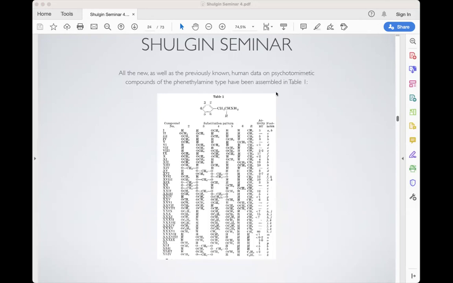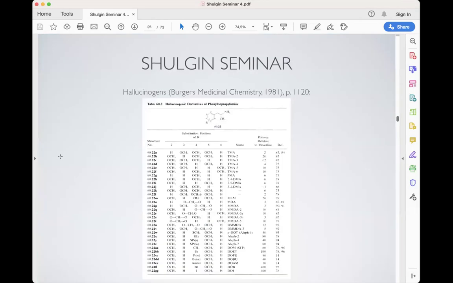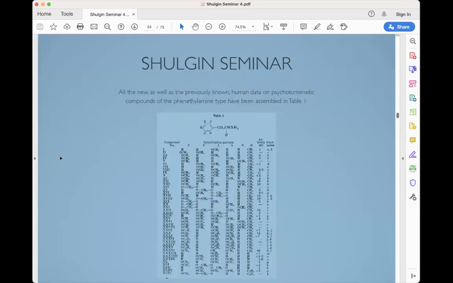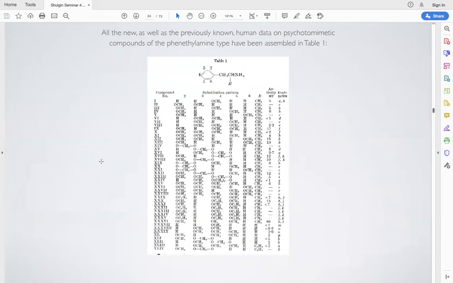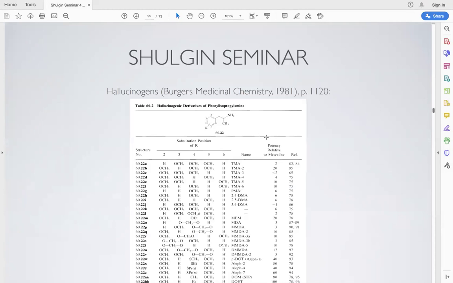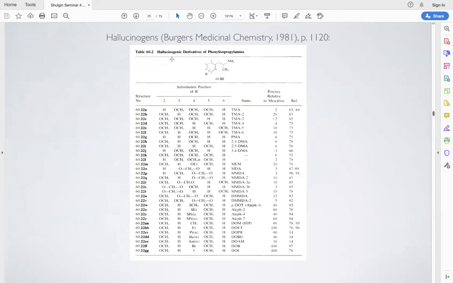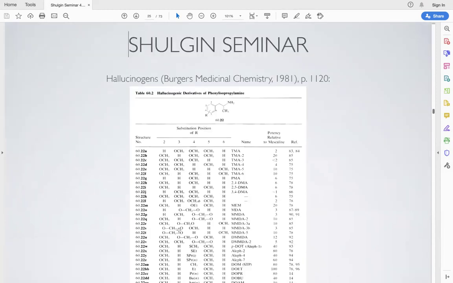Yeah, maybe I can share it with you. Oh, I have included it here. All right. So it's also in the presentation. So the same list of substances is given in 81 in the paper on hallucinogens from Burger's Medicinal Chemistry, and you can see the same table as in the 69 paper, right?